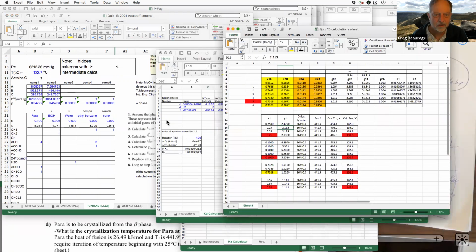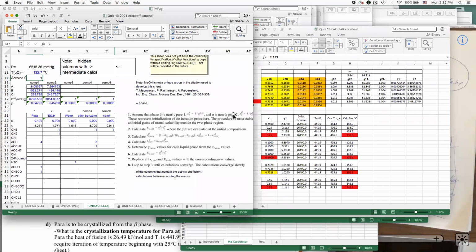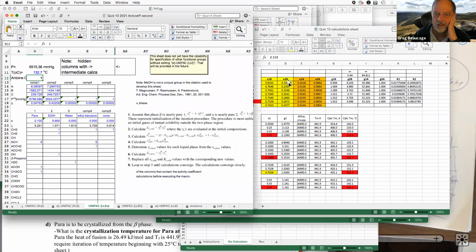Just to follow these things: infinite dilution for paracetamol gives you X1 alpha, and then infinite dilution for ethanol gives you the X2 beta.